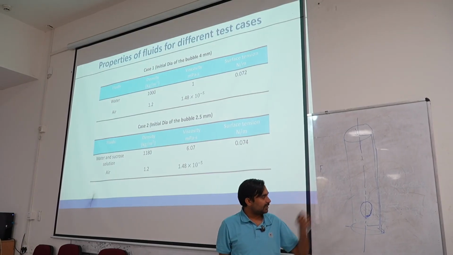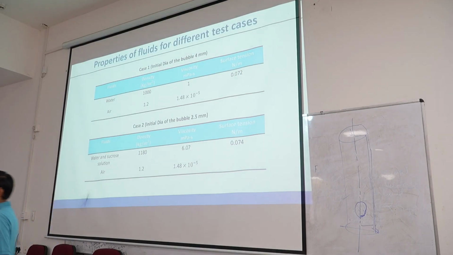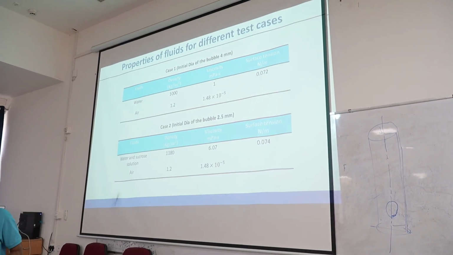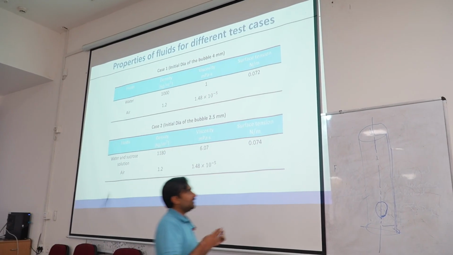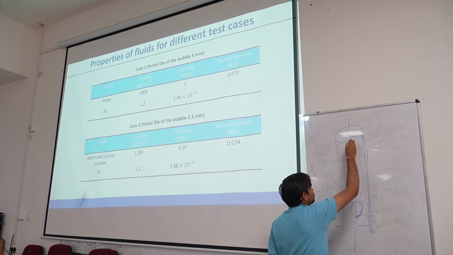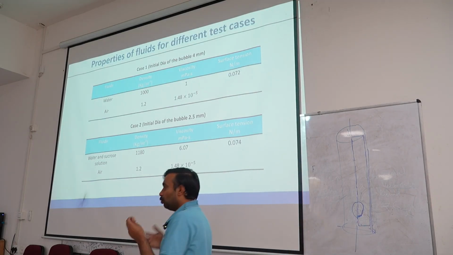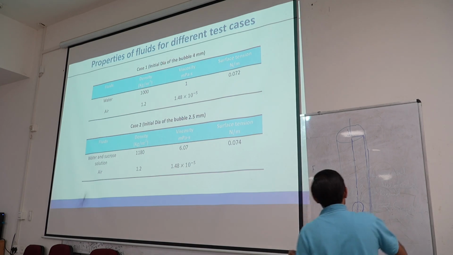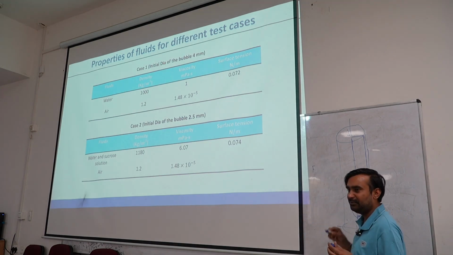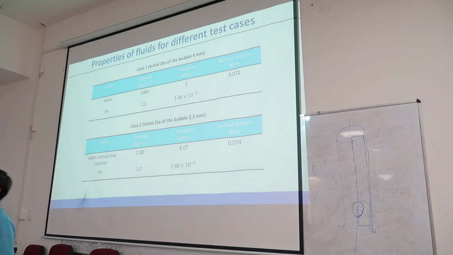If it is symmetrical about the central axis, what I can do, instead of defining the entire pipe as my simulation domain, I can only define this rectangle as my simulation domain. And if I define this rectangle as my simulation domain, whatever the velocity field and interface profile I get, I can simply rotate that through an angle of 360 degrees to get the complete interface as well as the velocity profile.